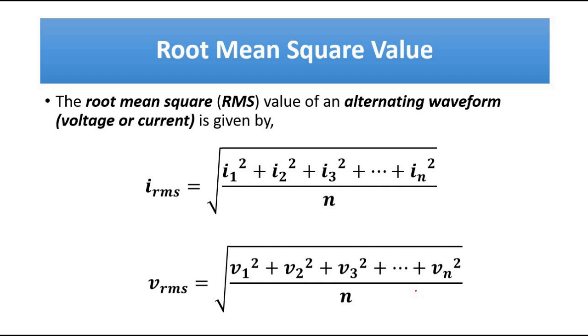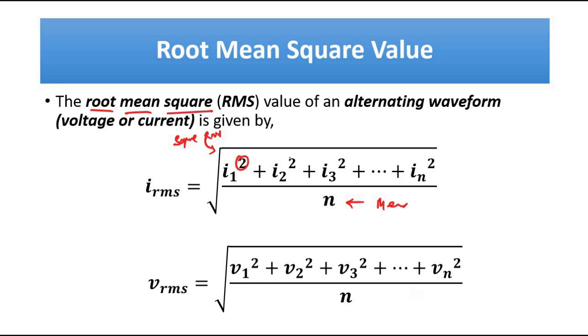As the name suggests, the root signifies the square root. The mean signifies the average of all the squares, divided by n. And the square signifies the square of each mid-ordinate value.